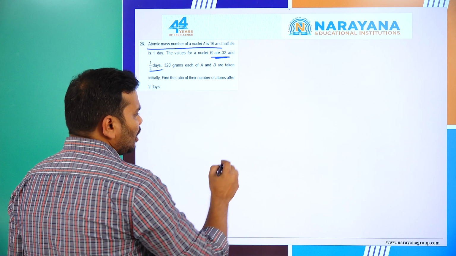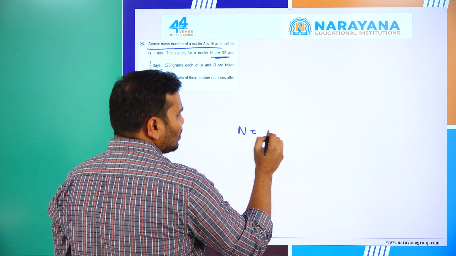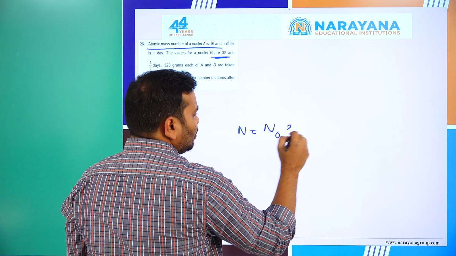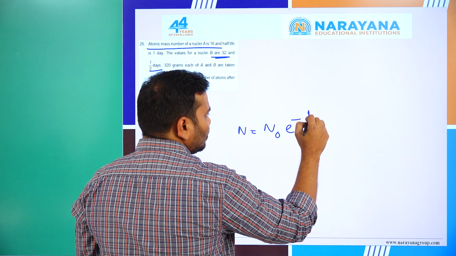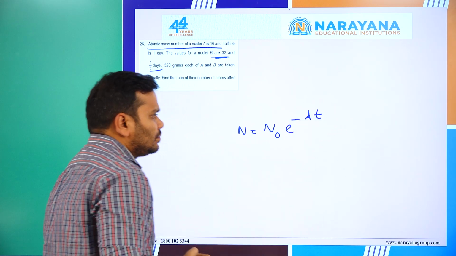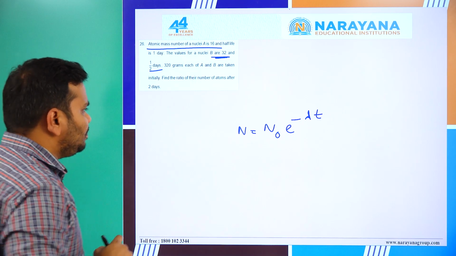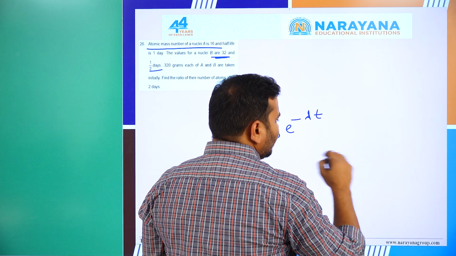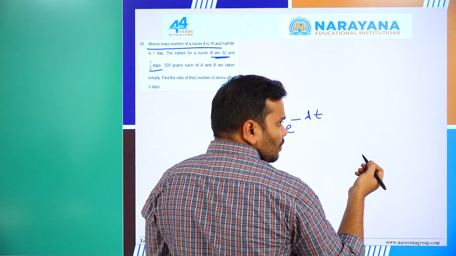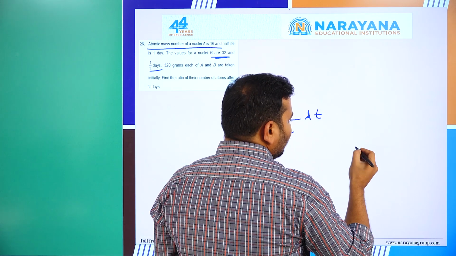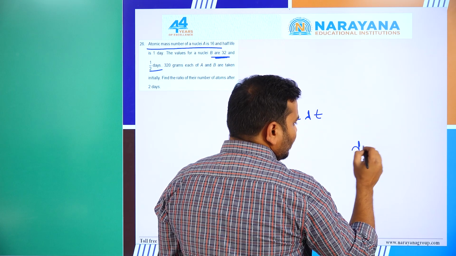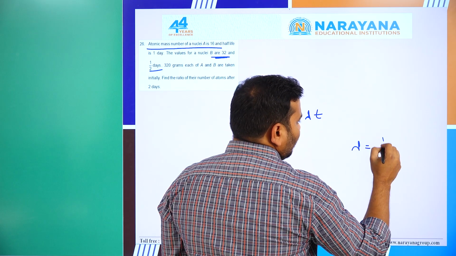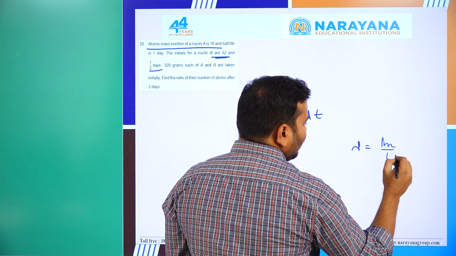So the number of nuclei present in the sample at any time t is N equal to N naught into e power minus lambda t, right. Here t half is equal to ln 2 by lambda, or else lambda you can write as ln 2 by t half.